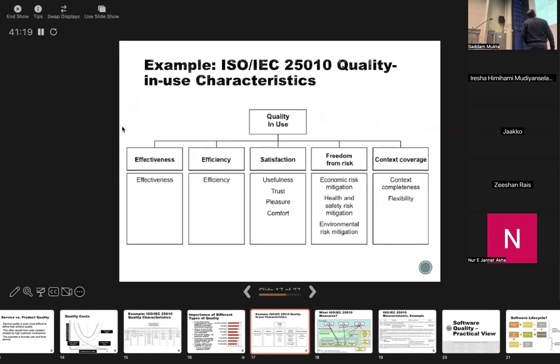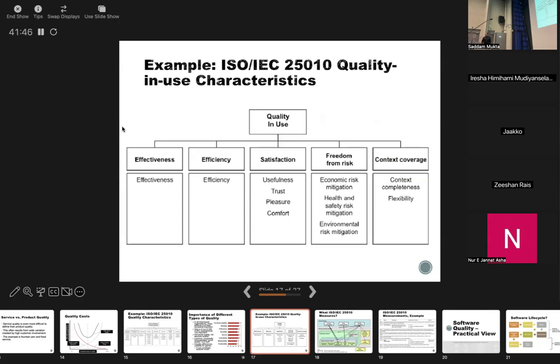We have another type of quality, software in use. When we interact with a software, what are the qualities or features it provides us?